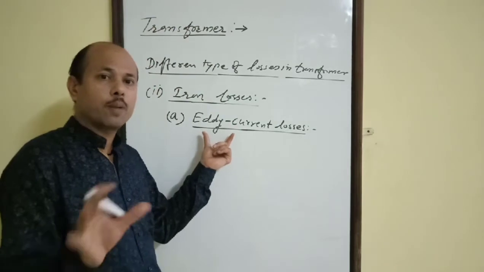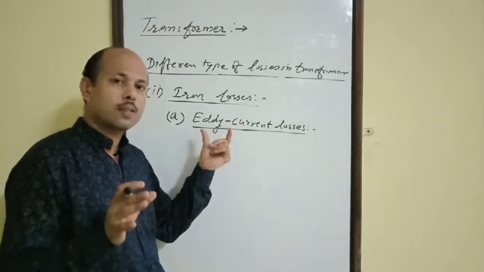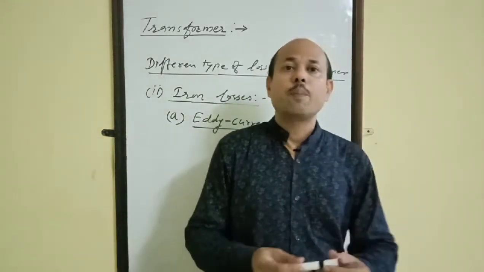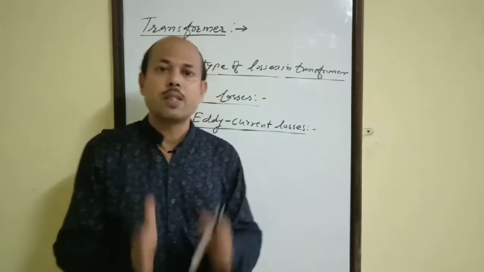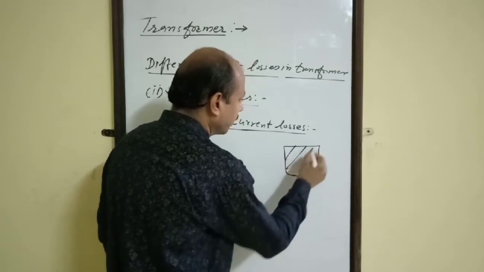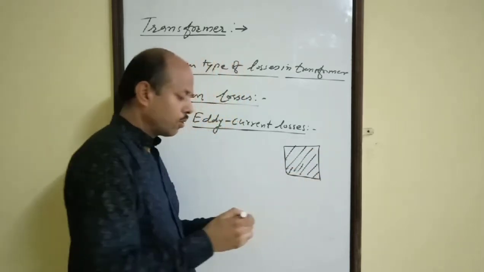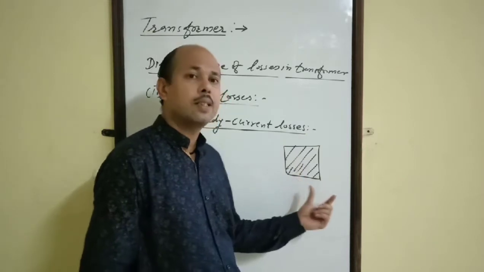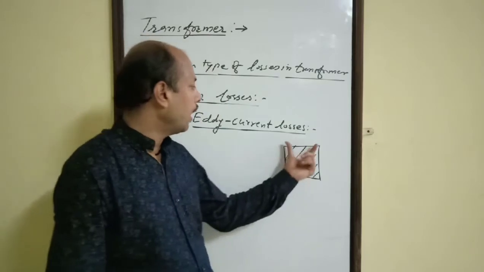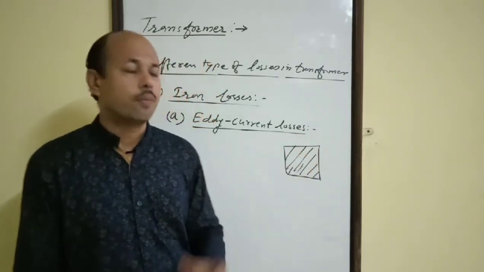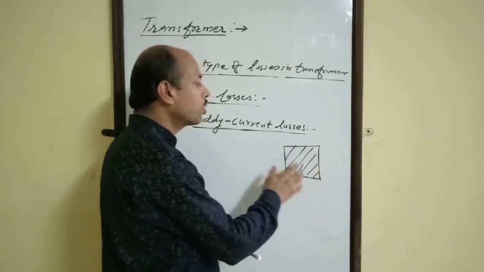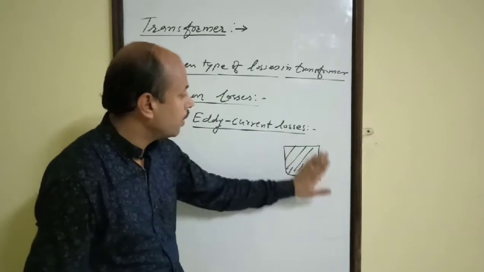In the chapter electromagnetic induction, we have discussed eddy current. What are eddy currents? I am again discussing. Whenever bulk pieces of metals, or we can say a thick metallic sheet, are subjected to variable magnetic field, then circular currents are induced in the whole plate or whole specimen.